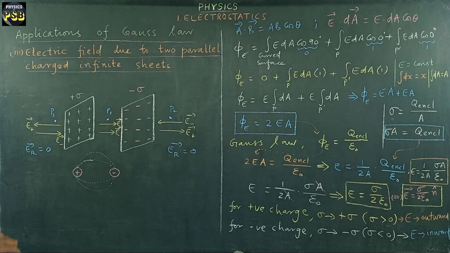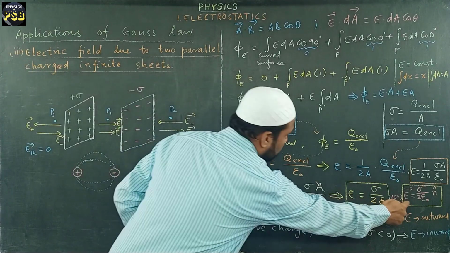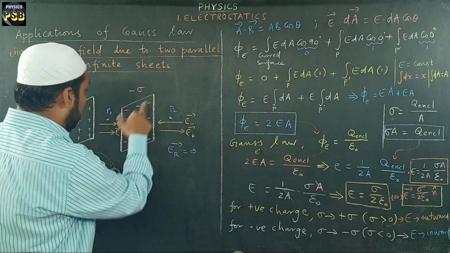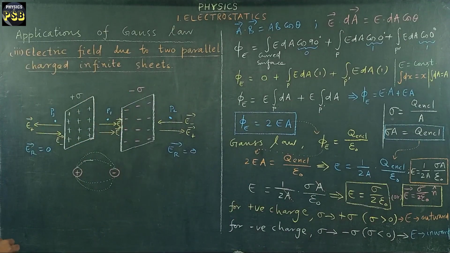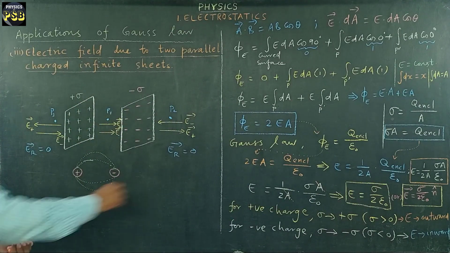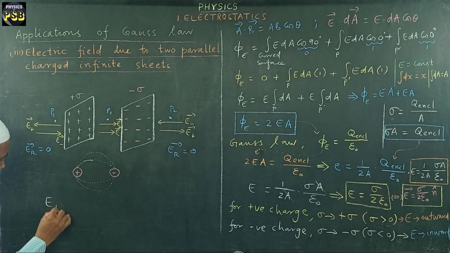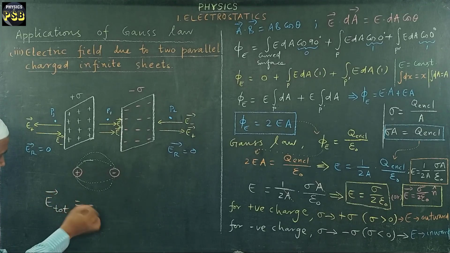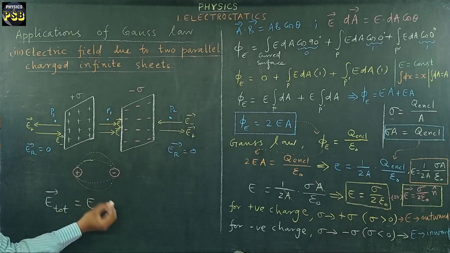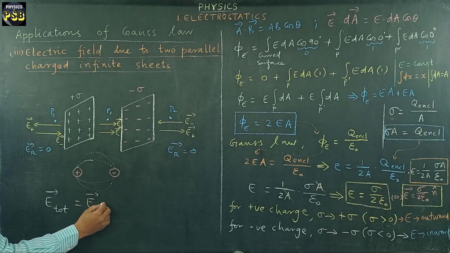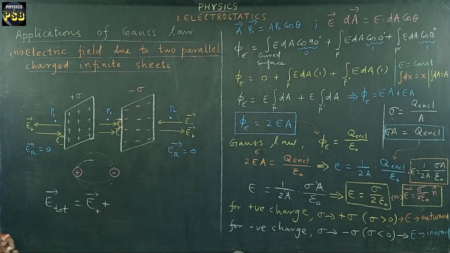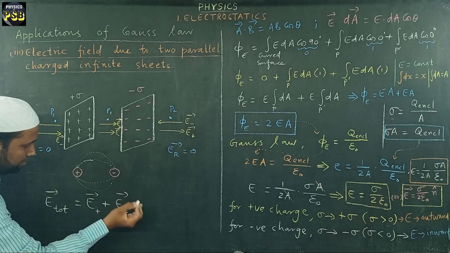We know the expression for electric field due to a charged sheet is nothing but sigma upon 2 epsilon naught. So here the total electric field is obtained due to E plus and E minus.